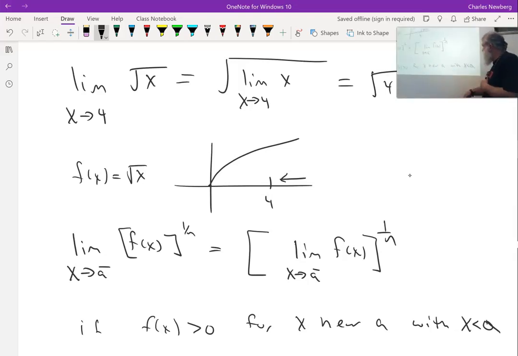So we're coming in from the negative side. So basically this says, if you're doing a limit of an even root, you better make sure what's underneath that radical is positive, or at least non-negative. And then you can pull out that radical.